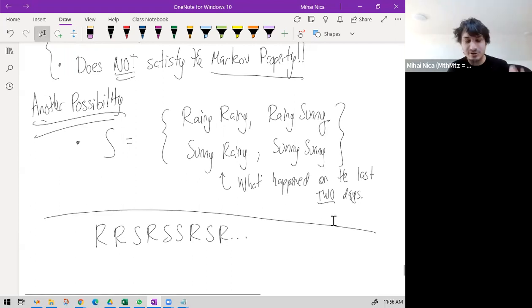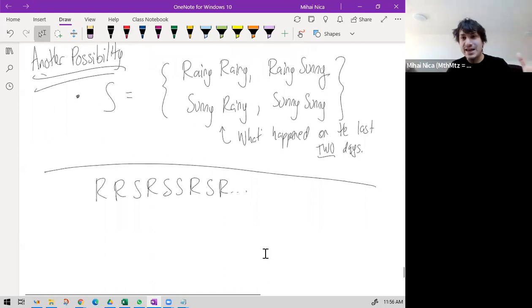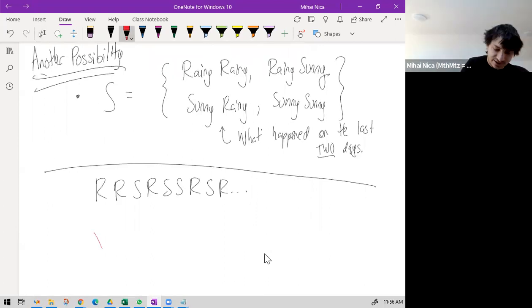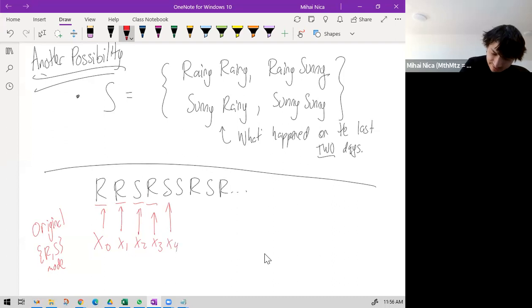In the original situation, the state is just whatever it is in one spot. So X0 is this letter, X1 is this letter, X2 is this letter. This was our original two-state model, the R S model. X3 was that letter, and so on. We're just doing the most obvious thing: whatever the weather is that day, that's the state.